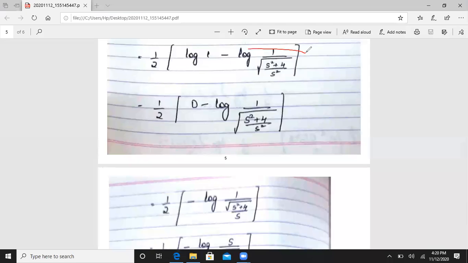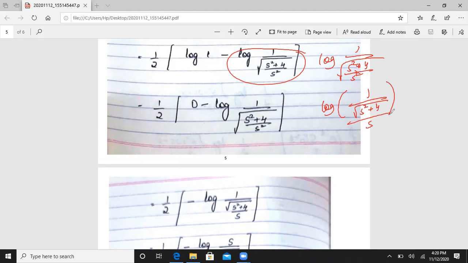Here we will write this function as log of 1 divided by, okay, we will take the LCM, that is s square plus 4 divided by s square, and this square and this root will get cancelled, that means log of 1 divided by under root s square plus 4 divided by s. Okay, so this function we will write as log of s divided by under root of s square plus 4.